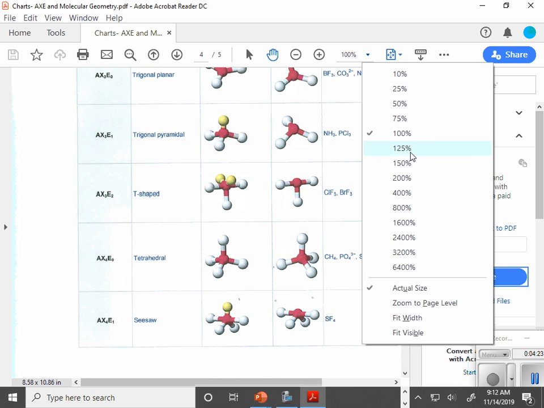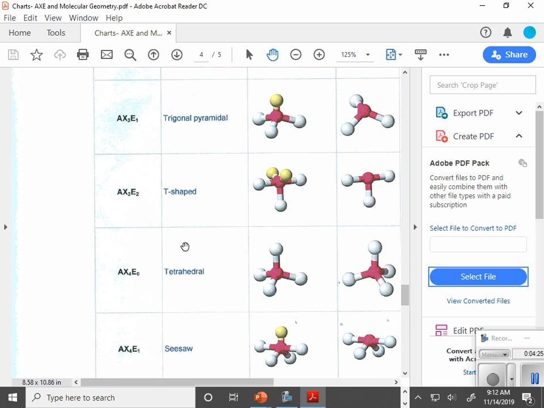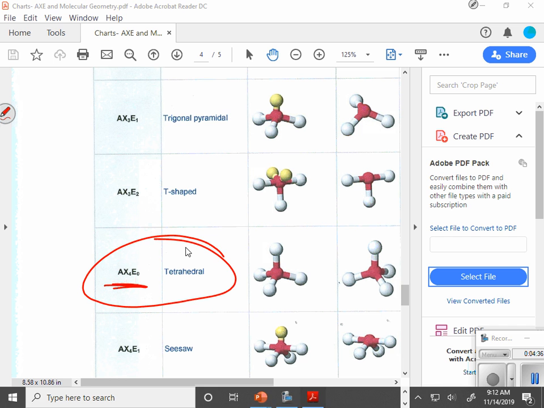Right here is my A. Right here is my AX4E0, which tells me that that is tetrahedral. So my molecular geometry is tetrahedral.